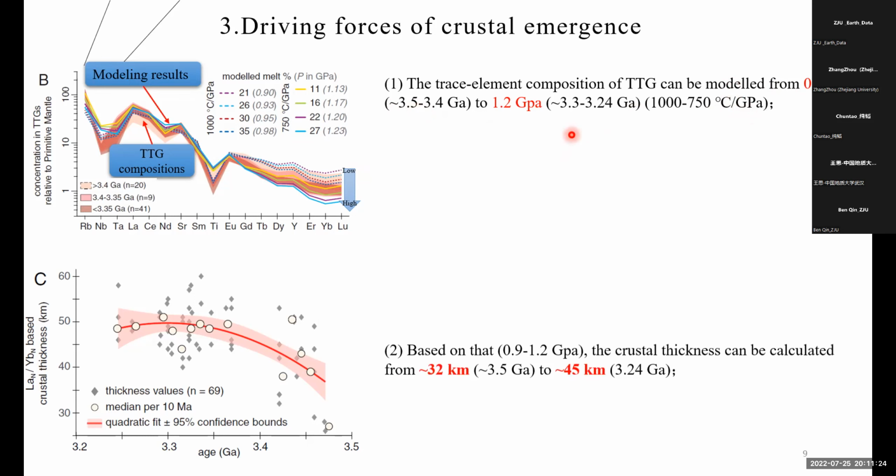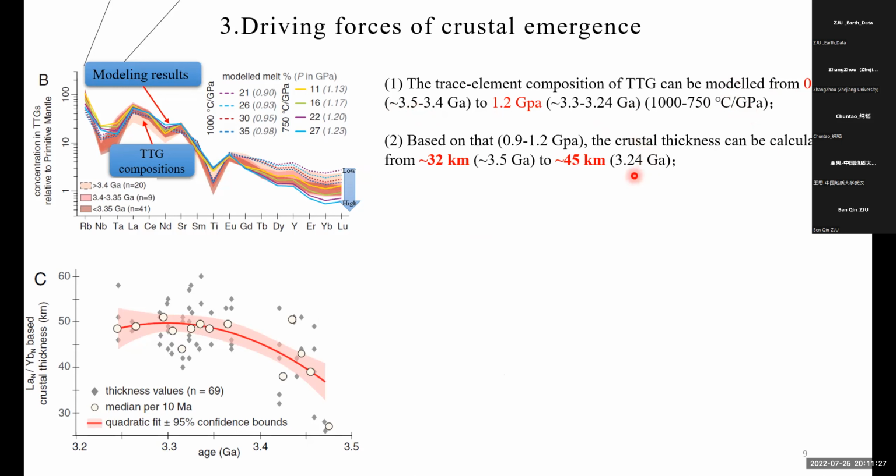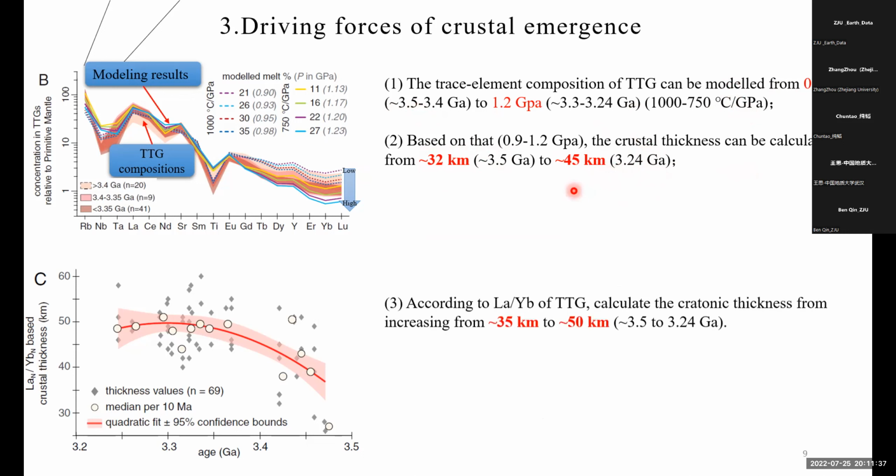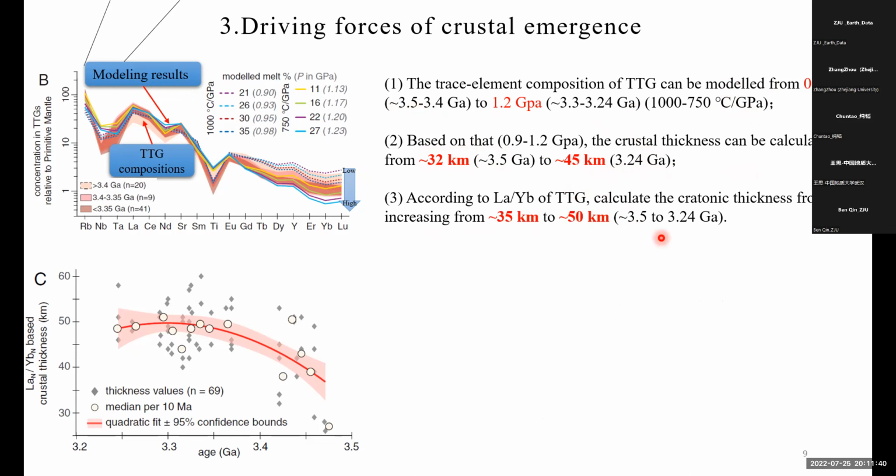And it corresponded to the increasing thickness of this craton from 32 to 45 kilometers during this period. And using another approach to constrain the thickness change, that is the lanthanum to ytterbium ratio of the TTG, we got an increasing thickness from about 32 to 40 kilometers, and this is consistent with the previous one.